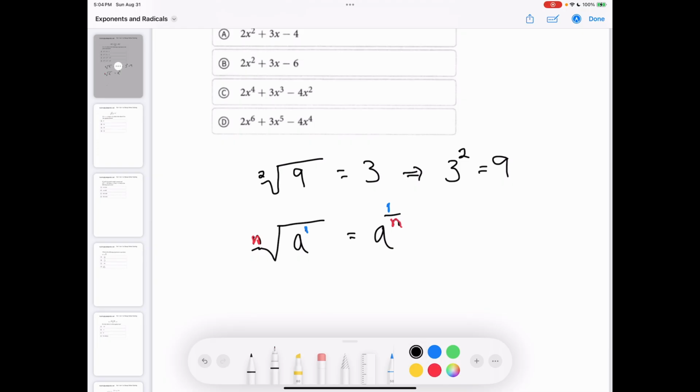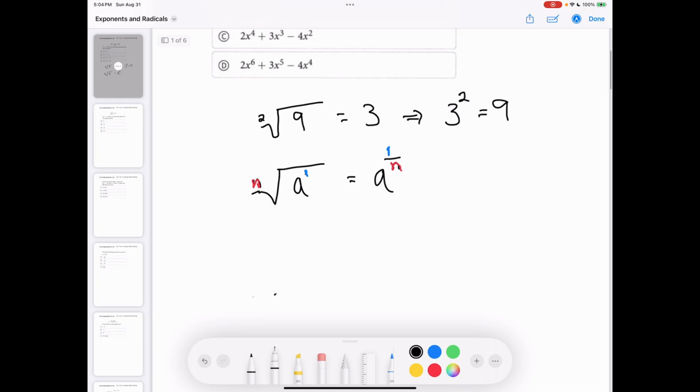Let me give you a concrete example using actual numbers. Let's say I have 27 to the 2/3. If I want to rewrite this using roots, let me write the root and the base.